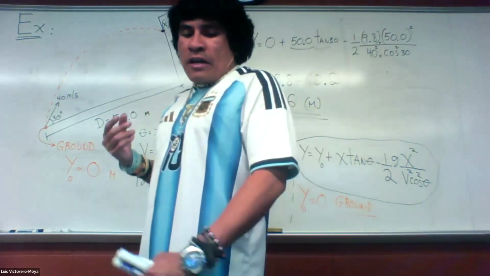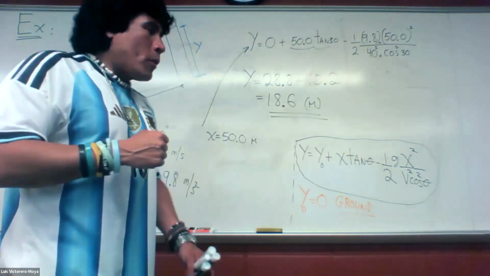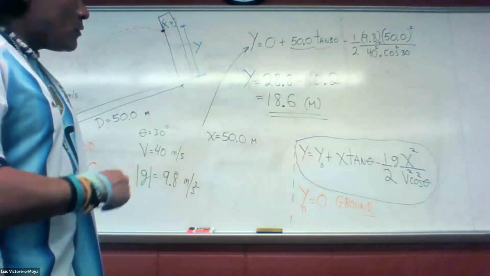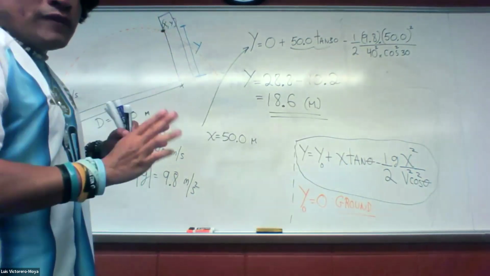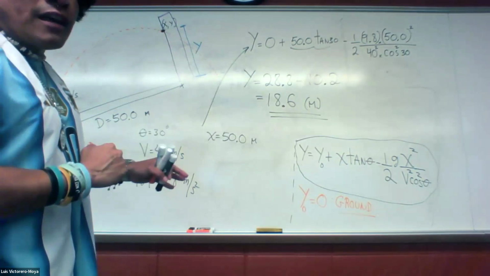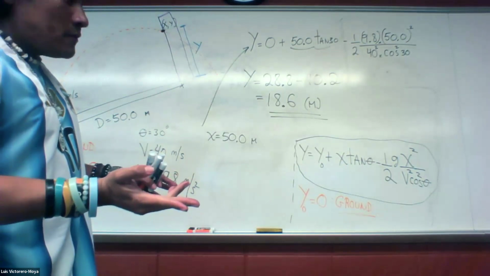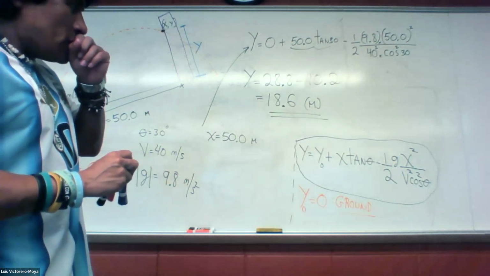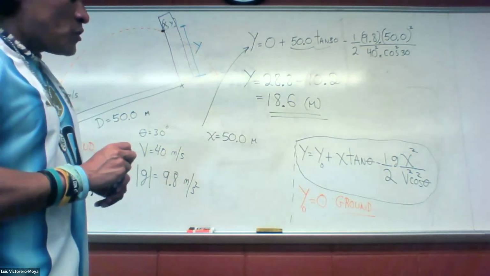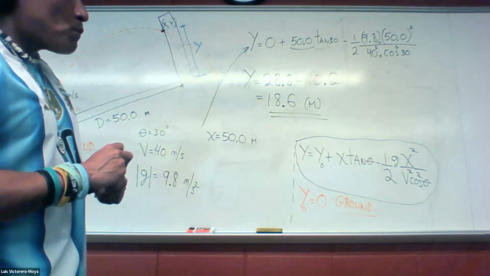So that's another situation I told you guys we were going to go over today. We're going to do the basketball now. You can also be asked to find v or theta. So that's why that equation is very useful.